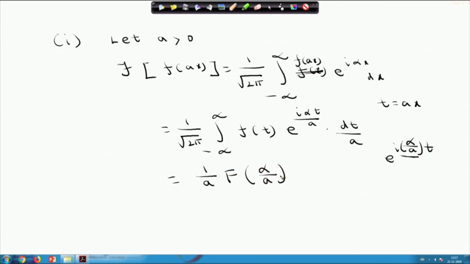So this is the first part, when a is greater than 0, because we have assumed the modulus of a over there. For a greater than 0, I am showing that the Fourier transform of f(ax) equals 1 by a times the Fourier transform of f at α by a.